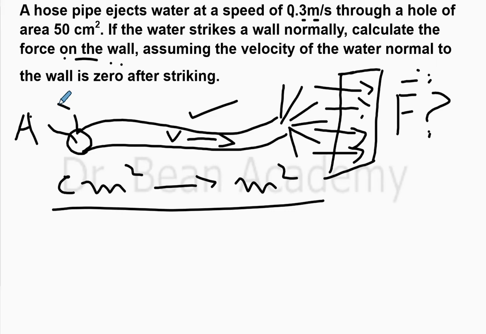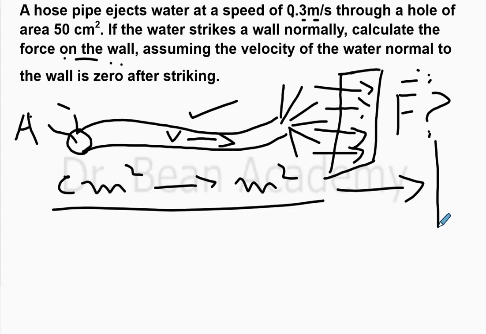We can see that the force is purely horizontal and the wall is purely vertical, so they are normal. And the velocity of the water normal to the wall is 0 after striking. Of course, after striking the wall we will assume it's 0.